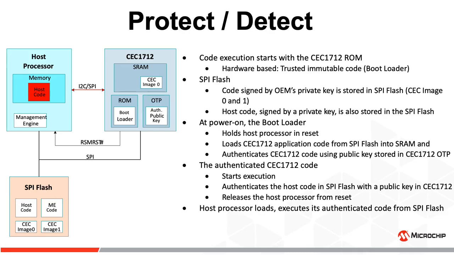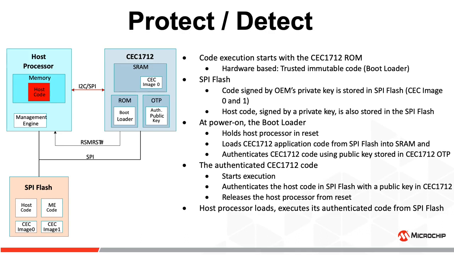In this case, the code starts execution with the CEC 1712 ROM. The read-only memory in here has a bootloader in immutable code, which means that it cannot be changed, and it is persistent even through power cycles. In the SPI Flash, you have a lot of different code that has been signed by the OEM's private key.